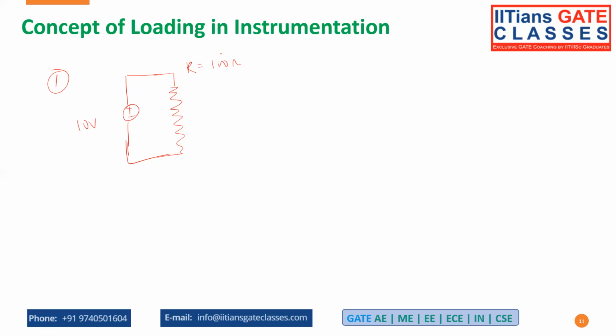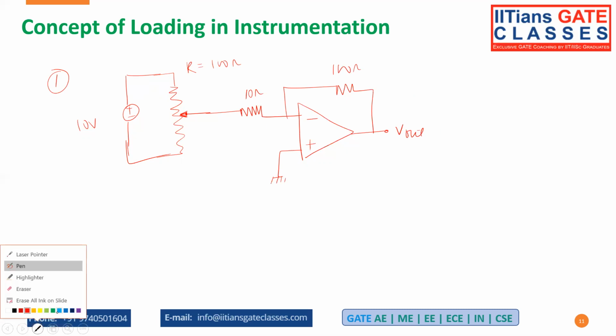We connect the pot's jockey to the mid of the resistance, so this side is 50 ohms and this side is 50 ohms. Then we connect an op amp here, used as an inverting amplifier, with the positive terminal grounded. Let's say this is 100 ohms and this is 10 ohms. What should be the possible output? Try to pause the video and solve this.